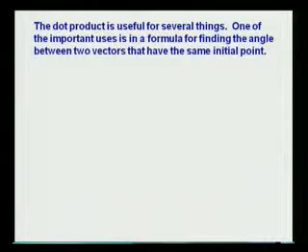Usefulness of dot product. The dot product is useful to find several things. One of the important uses is in a formula for finding the angle between two vectors, for example a and b.